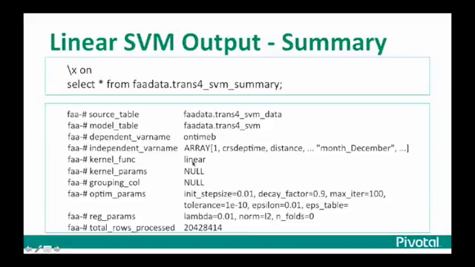And if you were using or specifying nonlinear SVM, you would see either Gaussian or polynomial here. For more experienced data scientists, the summary table also provides optimization and regularization parameters. And then finally, we see down at the bottom that there was almost 20.5 million training records used to create this model.